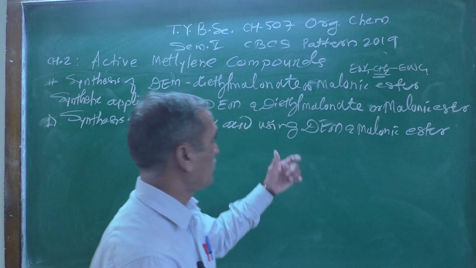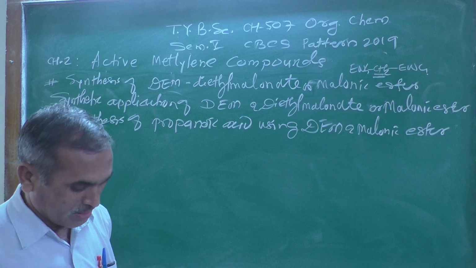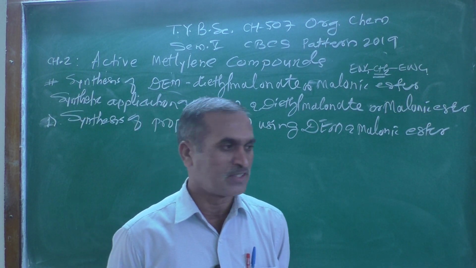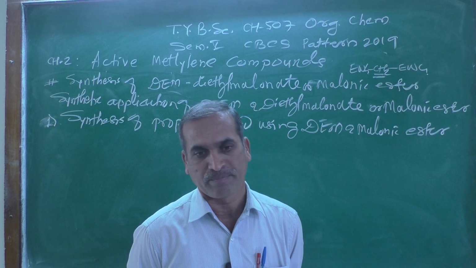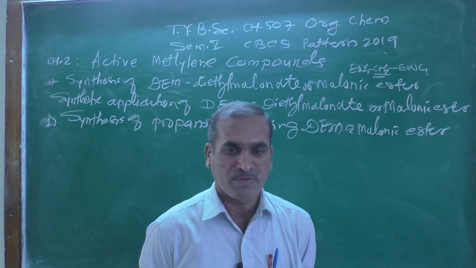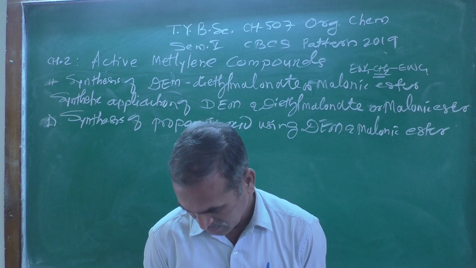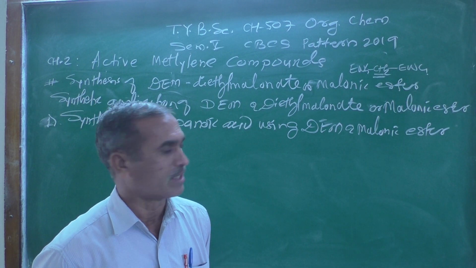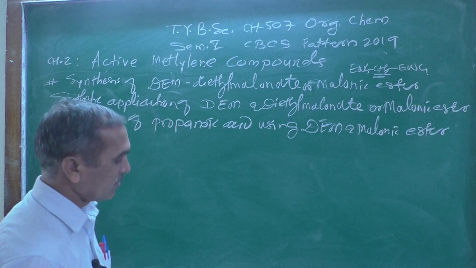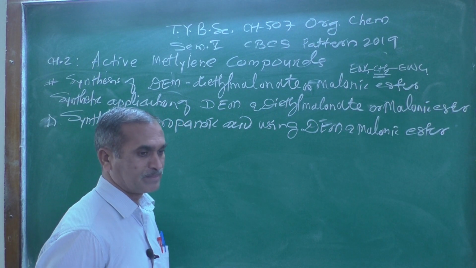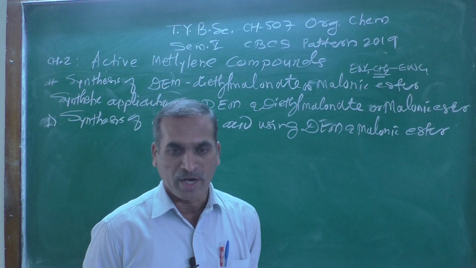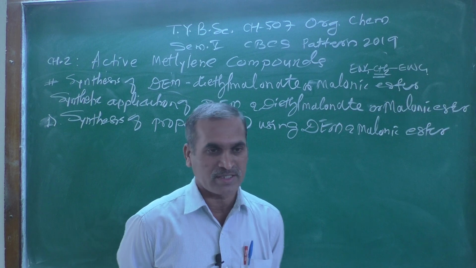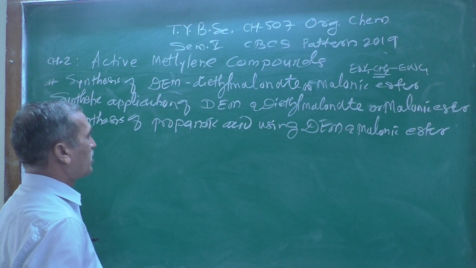Now by using this compound we are going to synthesize different substituted compounds, mainly alpha substituted acetic acids. So let's begin with the points we need for the synthesis of this compound.